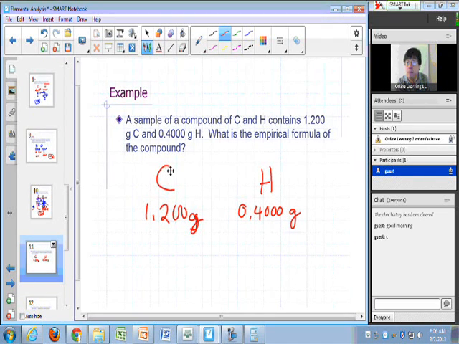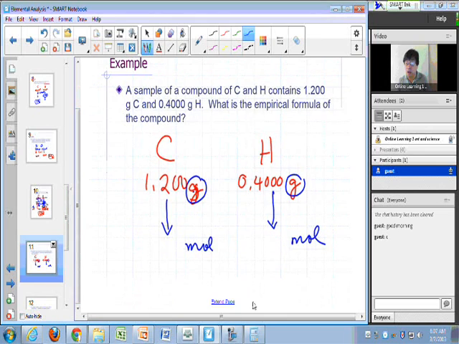This is a gram-to-gram comparison. What you want to determine the empirical formula is a count-to-count comparison or a mole-to-mole comparison. So you have to do an extra step here. You have to change this first to moles and change this one to moles, and then you have a problem that's similar to what we had earlier.